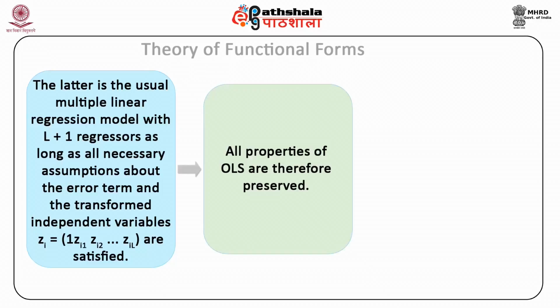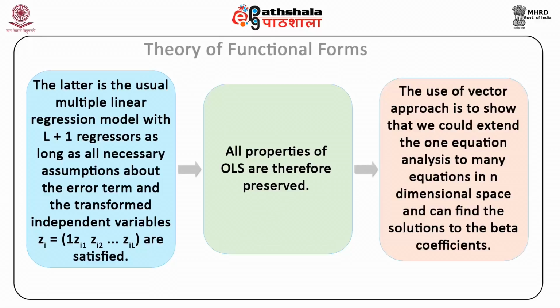All properties of OLS are therefore preserved. The use of the vector approach is to show that we could extend the one equation analysis to many equations in n-dimensional space and can find the solutions to the beta coefficients.